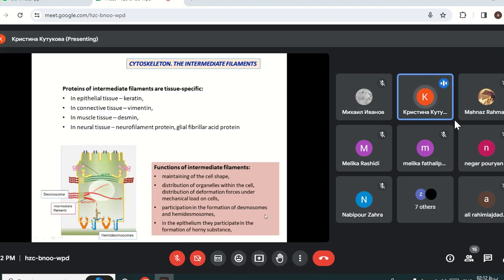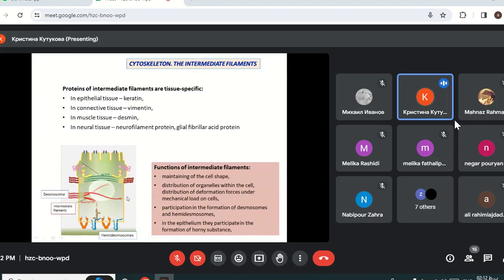Functions of intermediate filaments: first, and the major one, maintaining of the cell shape. Next, distribution of organelles within the cell, and distribution of deformation forces under mechanical load on cells.